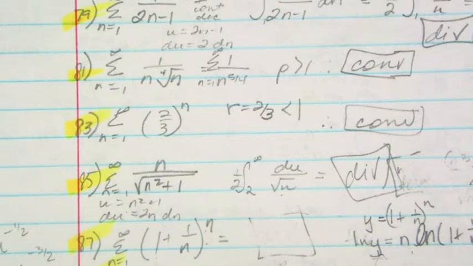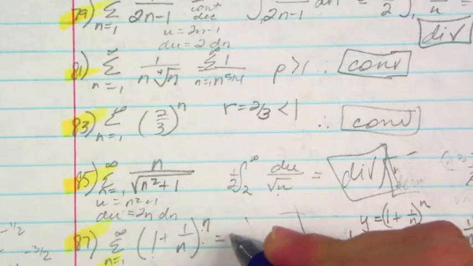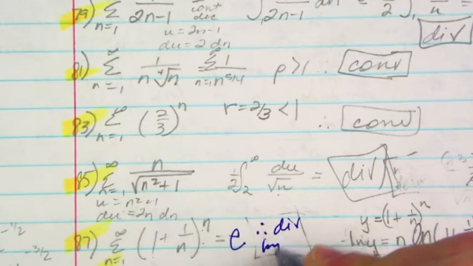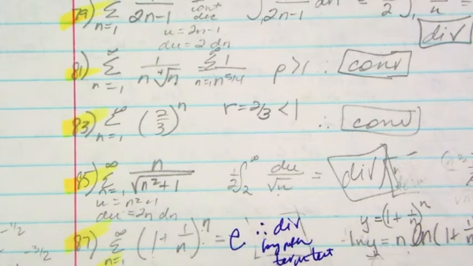So on 87, I would have just said that this equals e, therefore diverges by nth term test. Anybody else? Wait, what test was 87?